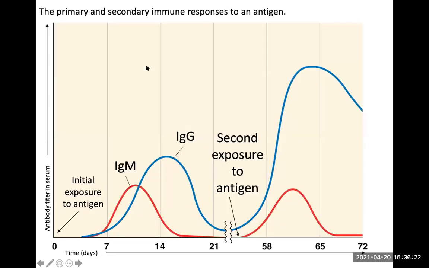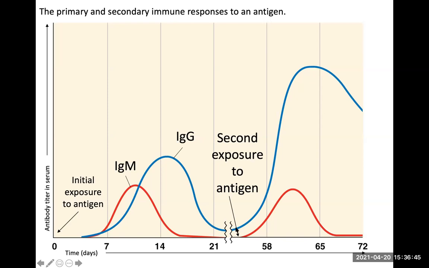So let's take a peek at that. So you have your initial exposure, primary, you get your IgM, and then you get your IgG, right? Just like we talked about. But sometime in the future, far in the future, doesn't matter, you encounter that antigen again.